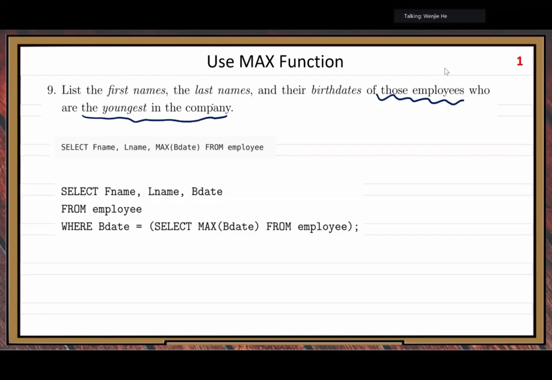The current employee satisfies this condition if b date equals that max number. All the employees that satisfy this condition are all selected. That's exactly what we want.